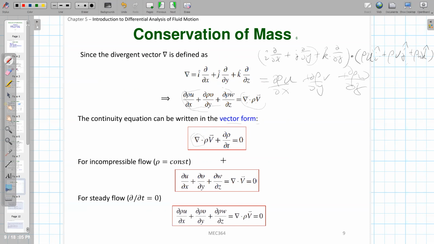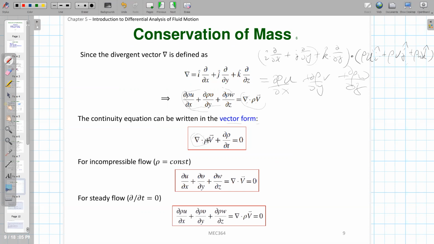And two special cases. The first one is that if density is constant, this partial rho partial t is 0. And constant density means that, remember this operator, this nabla operator, this divergence operator, only involves derivatives on x, y, z, only derivatives in space.